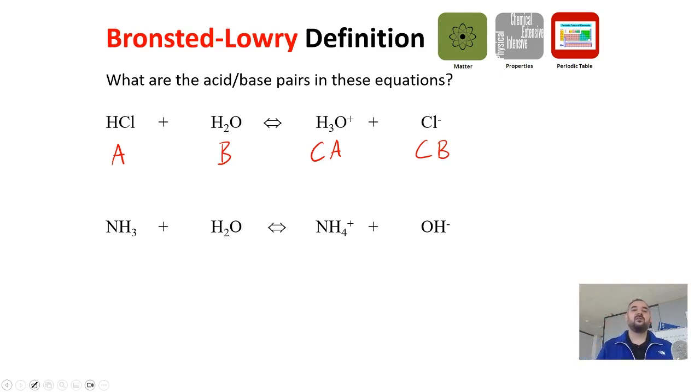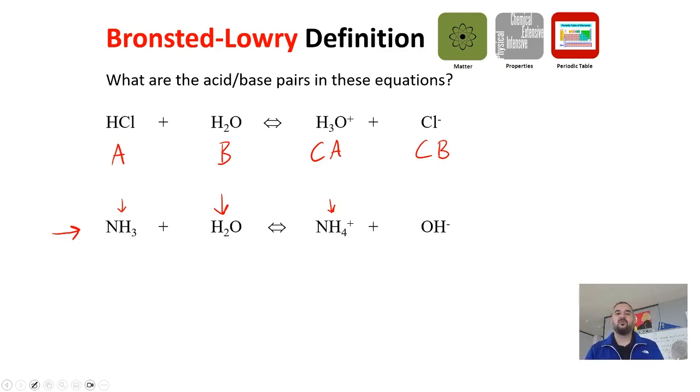All right, next one. We have NH3 and we have H2O. Sometimes it's easy to see what's what just by looking at the reactant side. But the best thing to do is to look at how things change. So here we have NH3, over here we have NH4. What did NH3 do? Did it donate or did it accept?